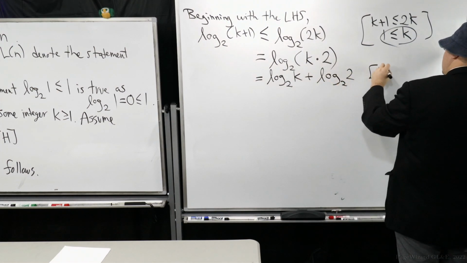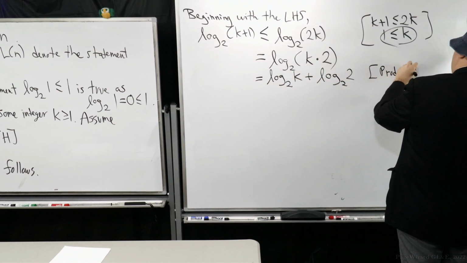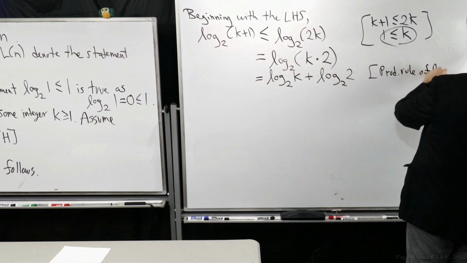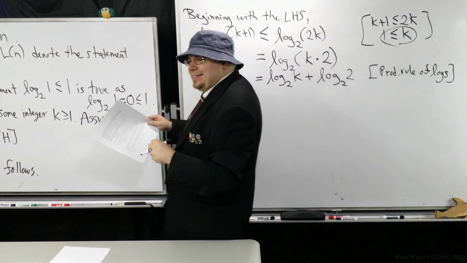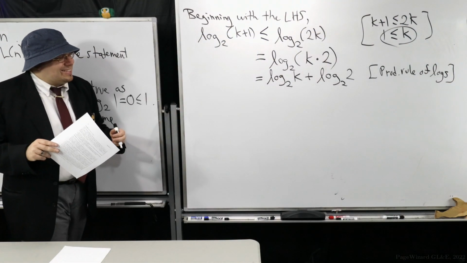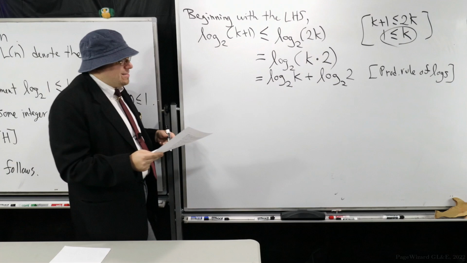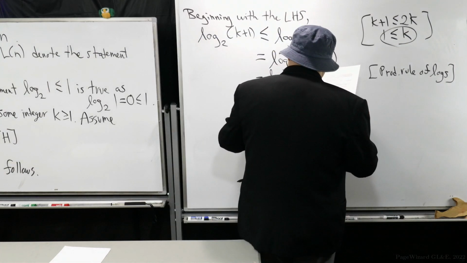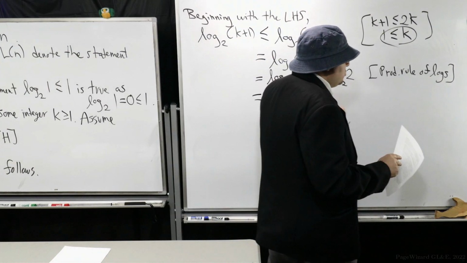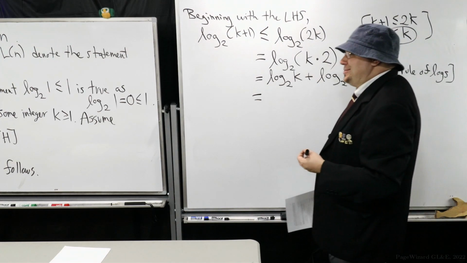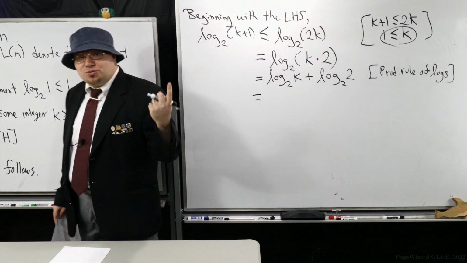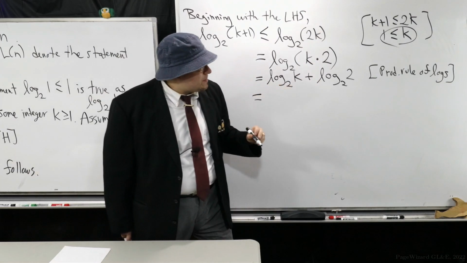The product rule of logarithms made this possible. It's not magic, it's just math. But what's log base 2 of 2? 2 to the power of what is equal to 2? Just 1, and this is just 1 here.